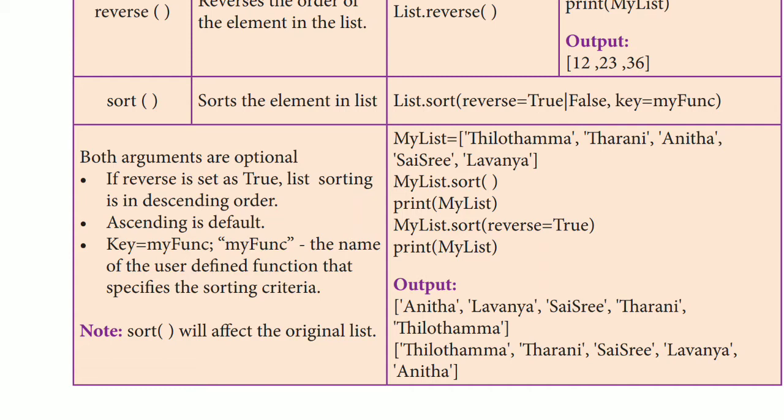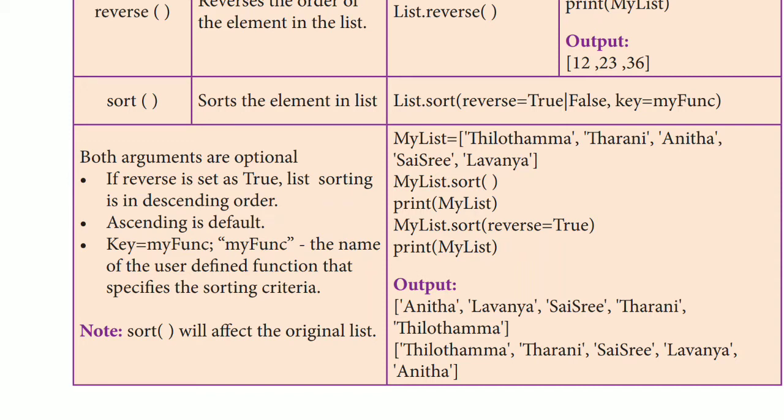Ascending is the default. Key is equal to my function means the name of the user defined function that specifies the sorting criteria.